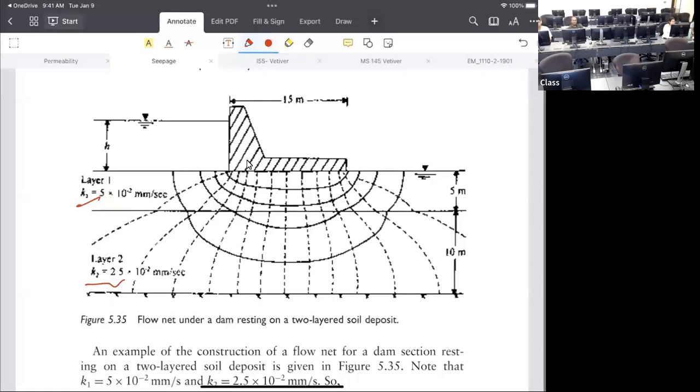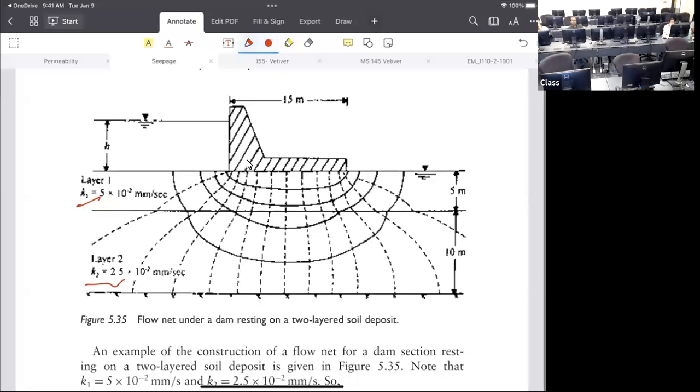To do that, basically we need to do it as we do for irregular soil layers, like there is no anisotropy. So we consider there is no anisotropy and try to draw our flow net. And then we need to do some adjustment, and those adjustments cover the changes in the permeability.